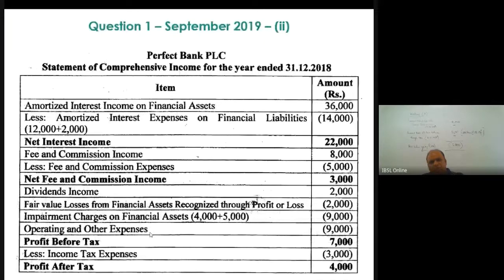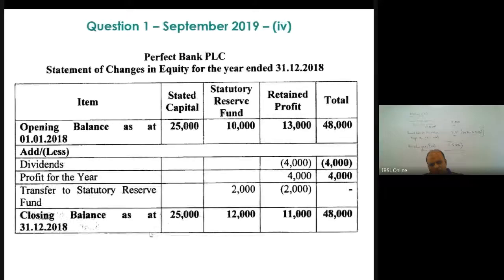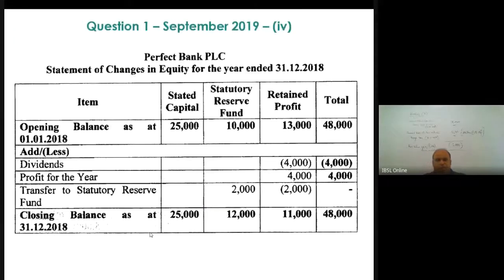So the statement of comprehensive income will look like this. And the equity statement will be like this.